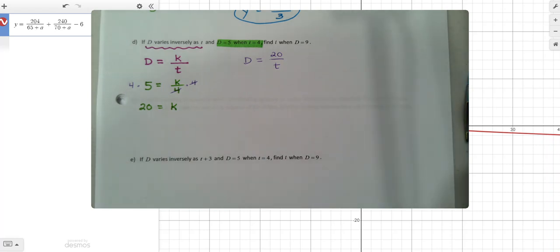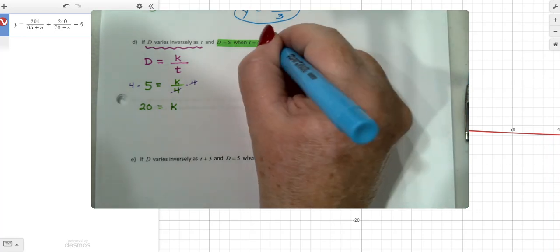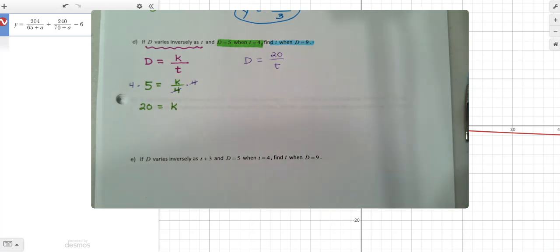And I'm ready to go to the question that I really wanted to answer. Find T when D is equal to 9.